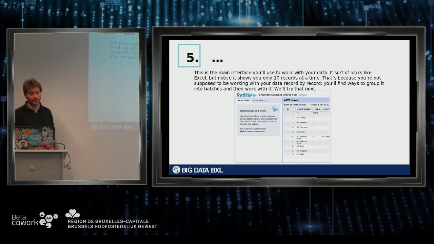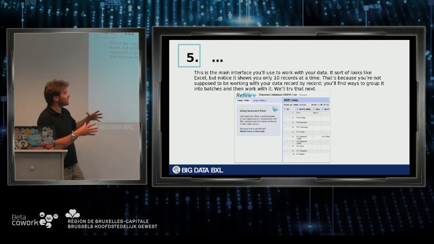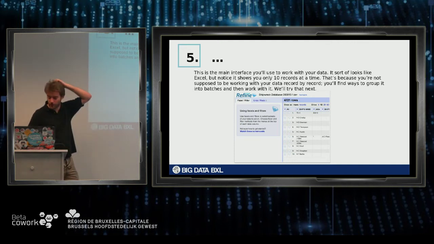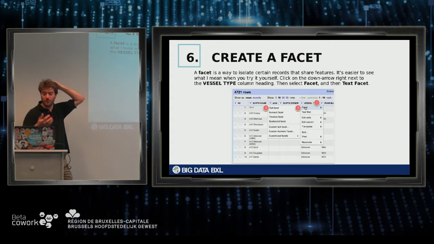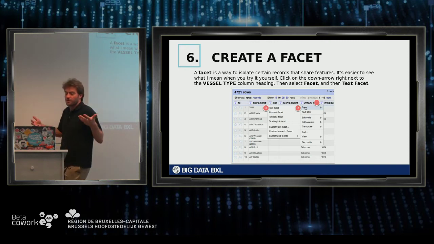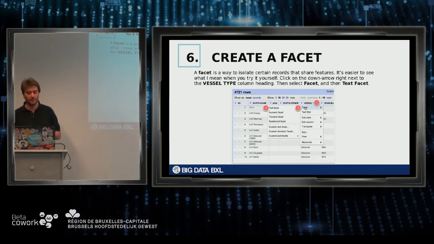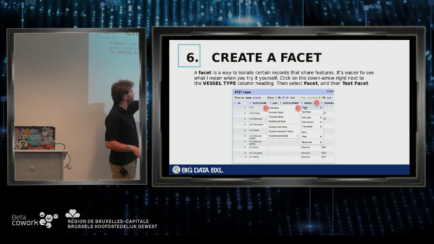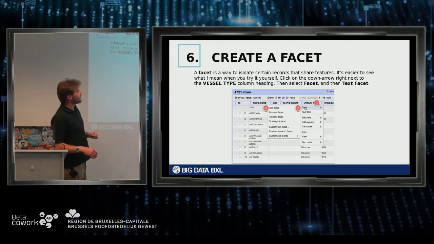So what you can do, on the other hand, is to try to understand certain columns, and so that's what we do next: you look for a column that you find interesting. For example, this is a data set about a bunch of boats, and there is a column called vessel type. So it's going to be a certain type of boat. And what you can do there is really, okay, I'm going to focus on that column and do what's called a facet.